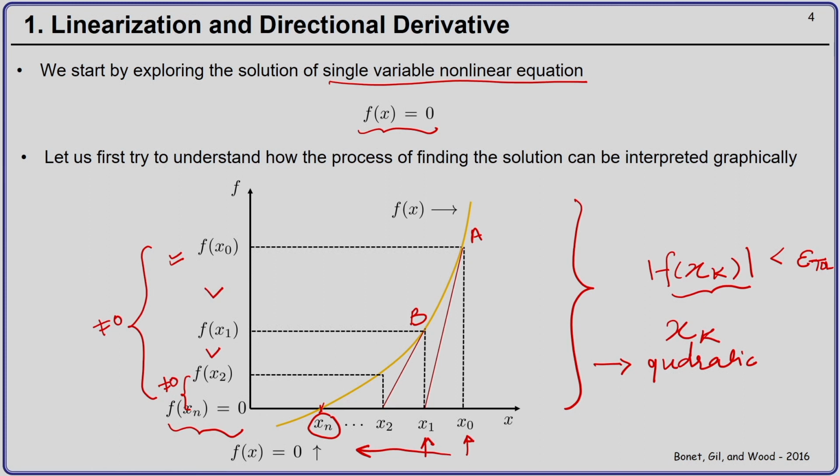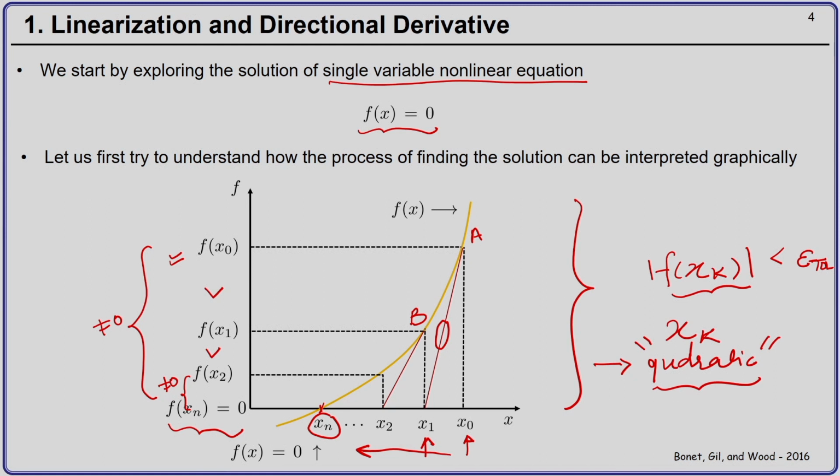But as we approach the solution, the last few steps of Newton-Raphson will show you that it converges quadratically. That is one of the features of the Newton-Raphson procedure, and if you have computed your tangents, that is, the slope of this red line, accurately, then this quadratic convergence is guaranteed.